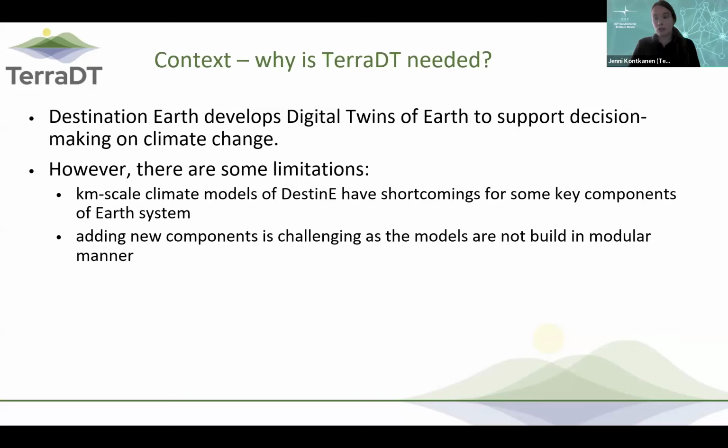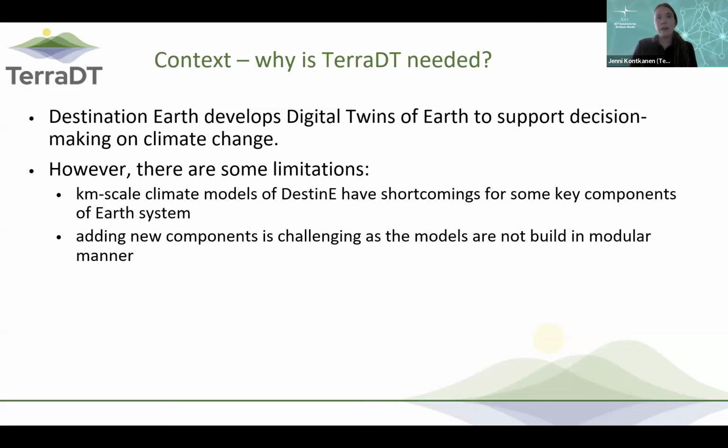These limitations include, for example, that the kilometer-scale climate models of Destination Earth still have some shortcomings for some key components of the Earth system, including the cryosphere and land surface. Additionally, adding new components to these models is challenging as the models currently are not built in a modular manner.